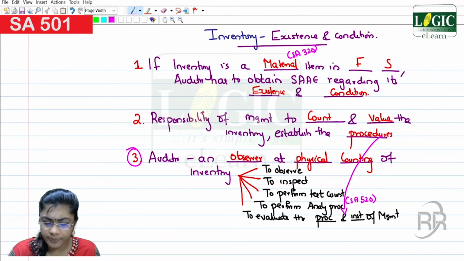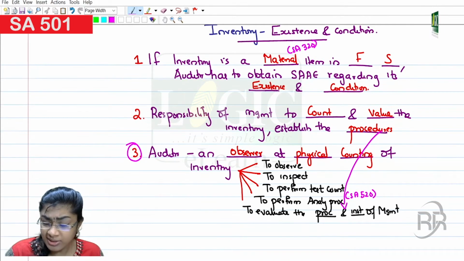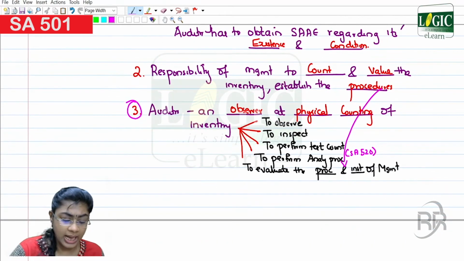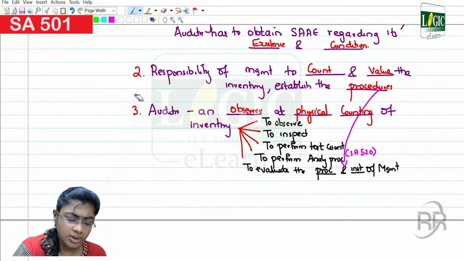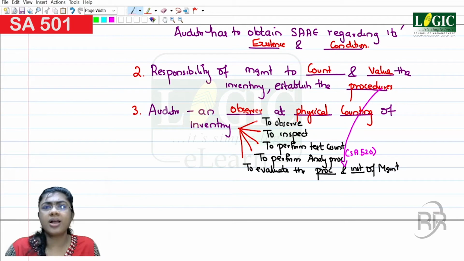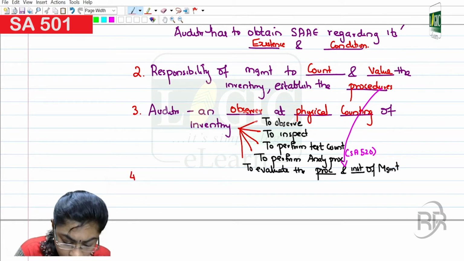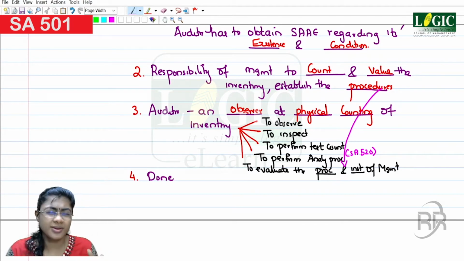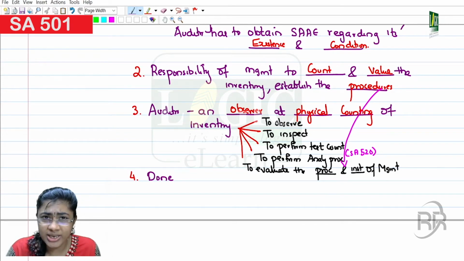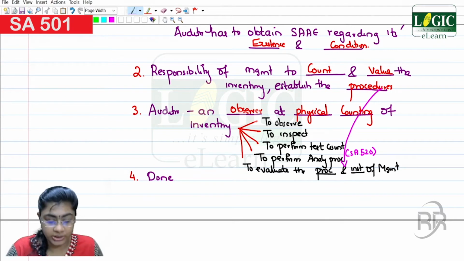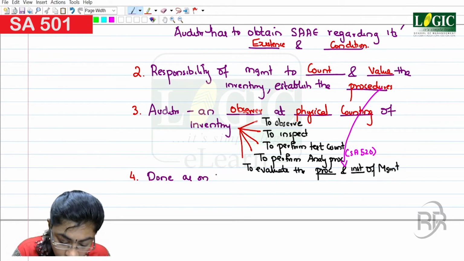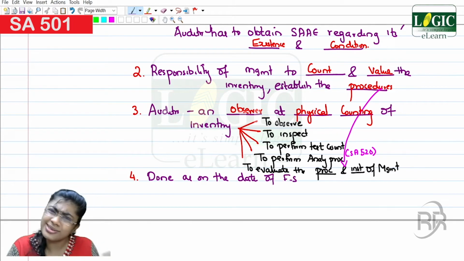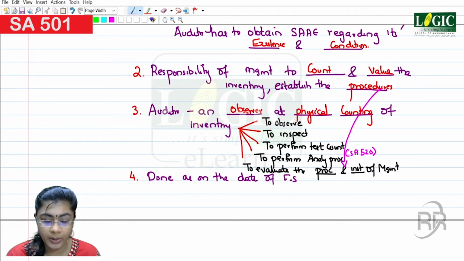So in this particular point, we said that as an auditor, we should be an observer at the physical counting of inventory. Now, this physical counting of inventory is usually done as on which date? The usual physical counting is done as on, okay, the date of FS. Done as on the date of financial statements, balance sheet date itself.